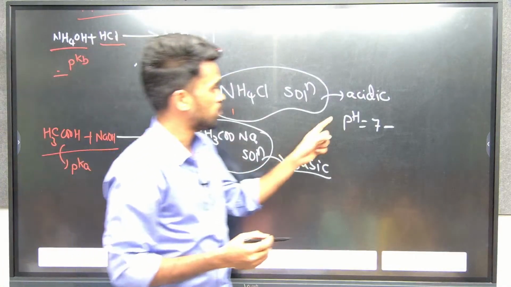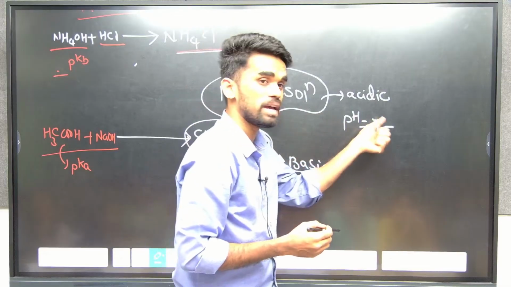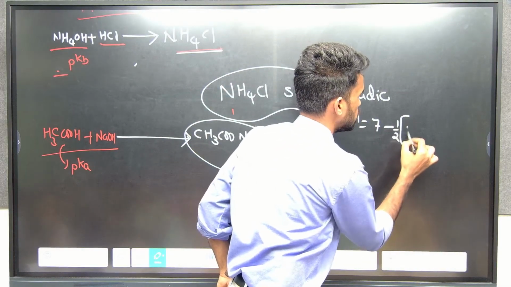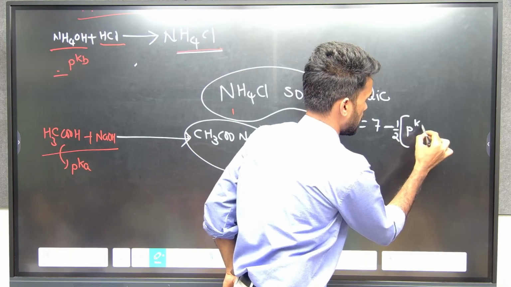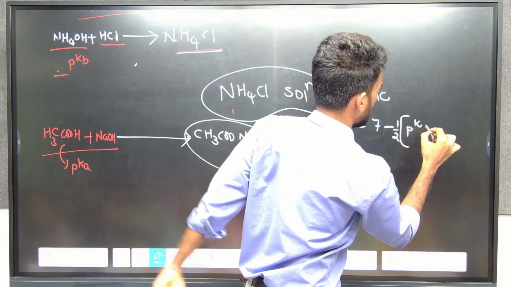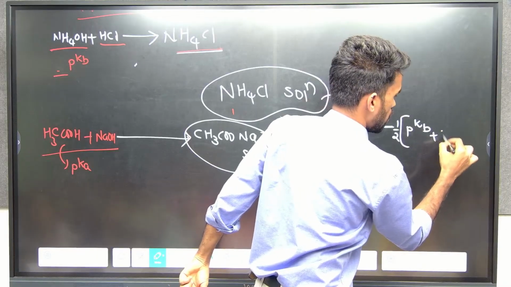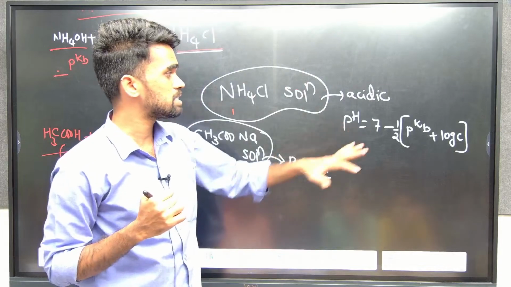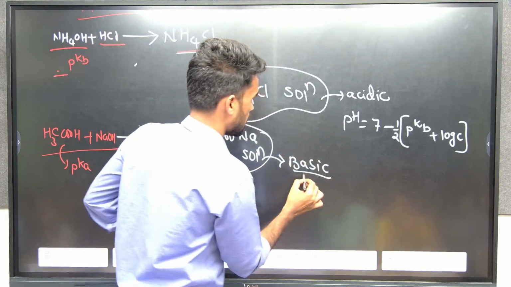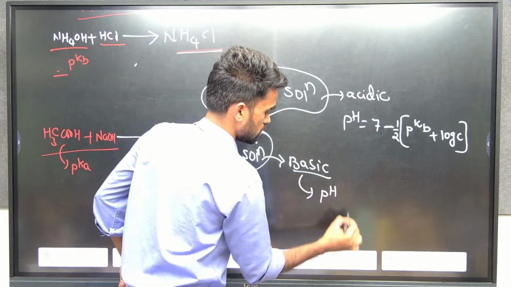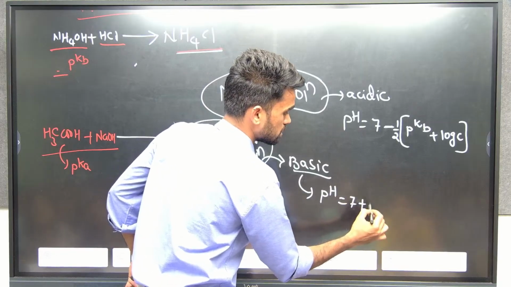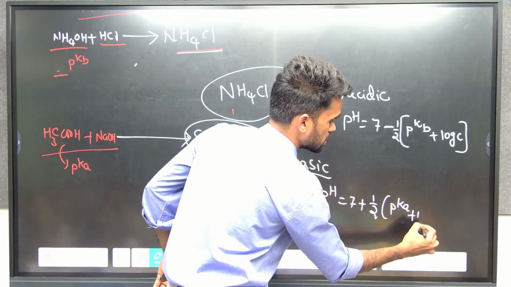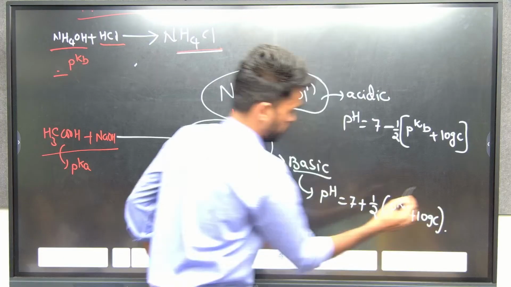So you should say pH equals to acidic na 7 minus something. That minus something is 7 minus half into pKb plus log C. What is that? pKb plus log C. దీనికి ఏం రాయాలి? 7 plus half pKa plus log C. Perfect.